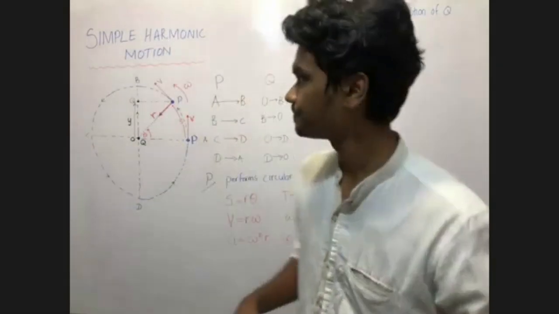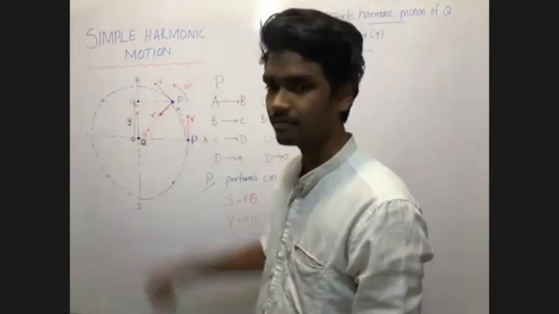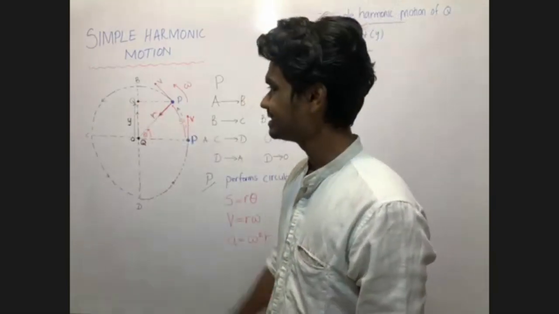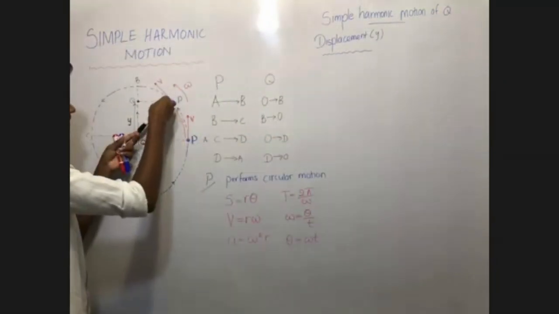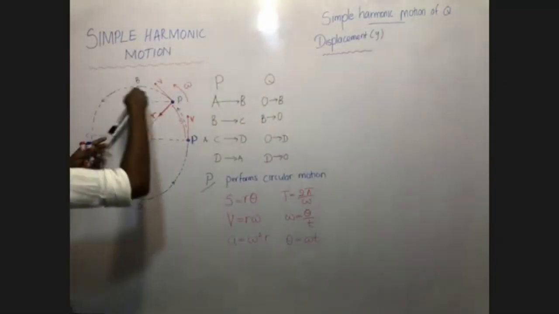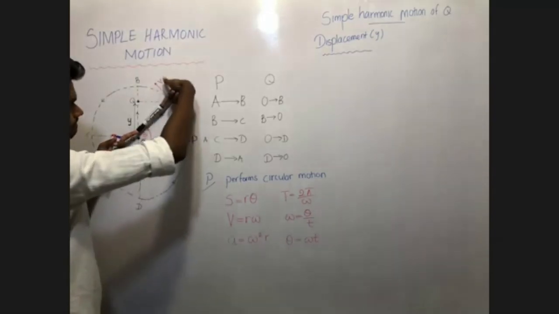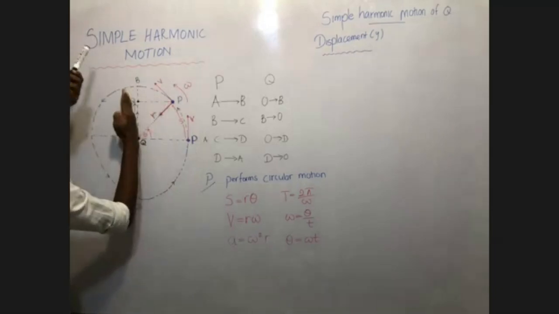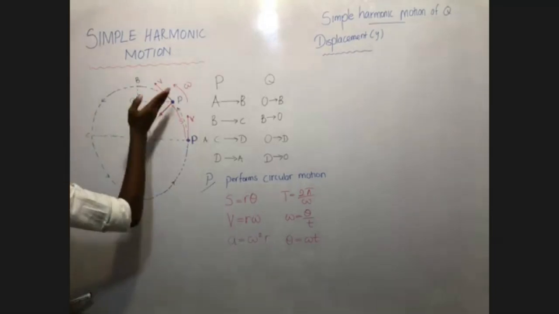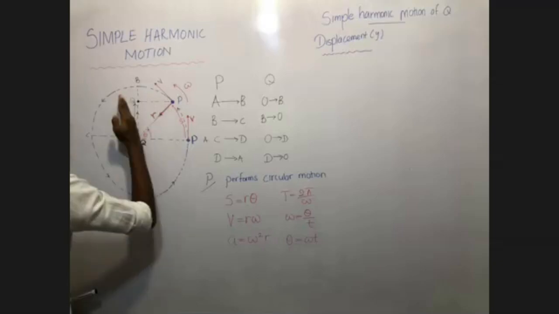Very easy. What is y? Y is equal to, this is r. Y is what? R sine theta. This is theta. R sine theta.